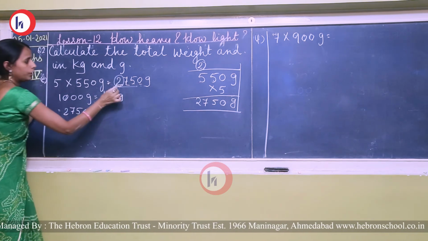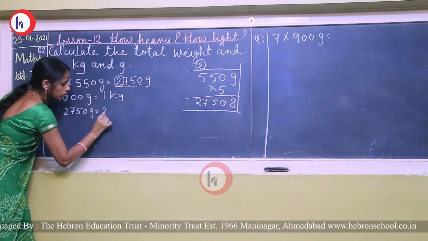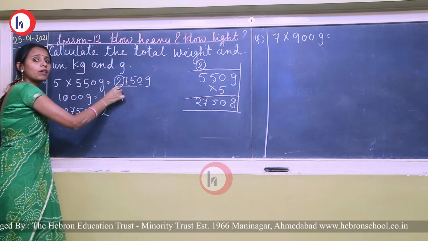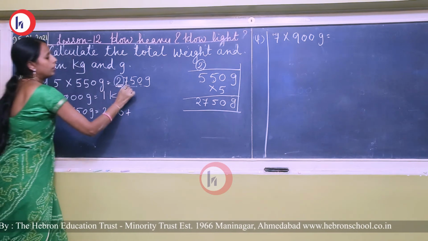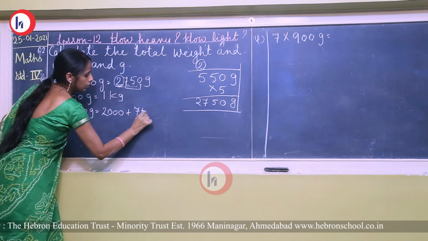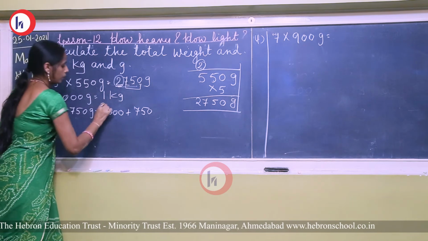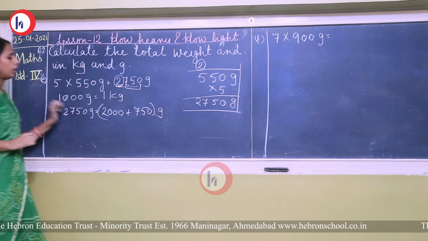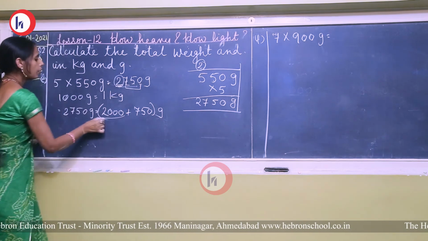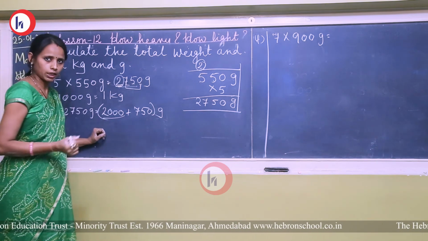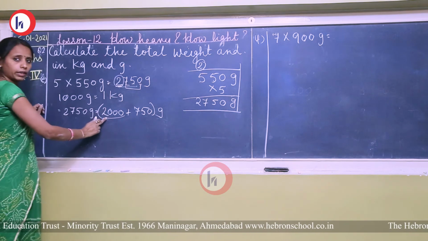2750 is equal to 2000 plus 750 gram. Whenever we see the place value of 2, it is 2000. तो ये नंबर को हम किलोग्राम में कन्वर्ट कर सकते हैं because it is more than 1000.